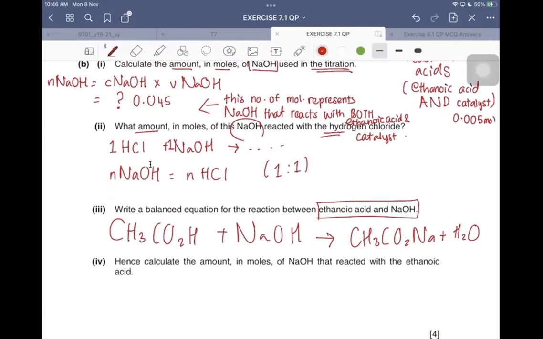So ignore what I said earlier about the number of moles of sodium hydroxide from here. So sodium hydroxide would be 0.005 mole as well. So this is the mole that reacts with catalyst only.